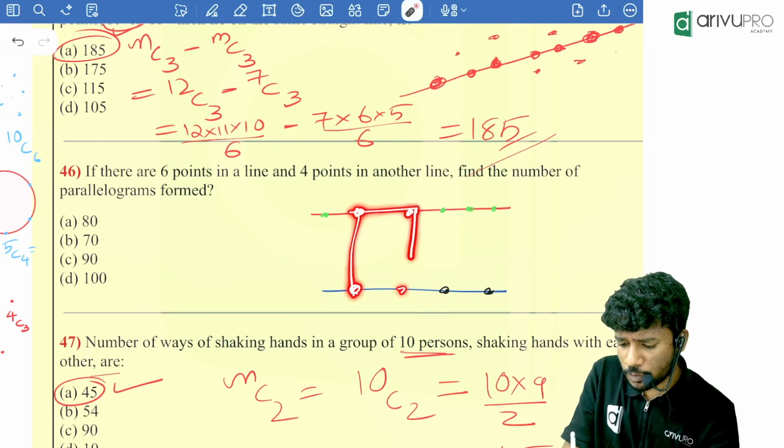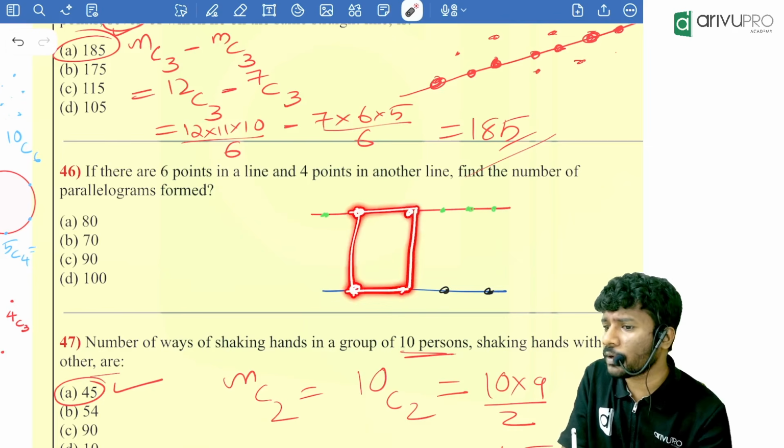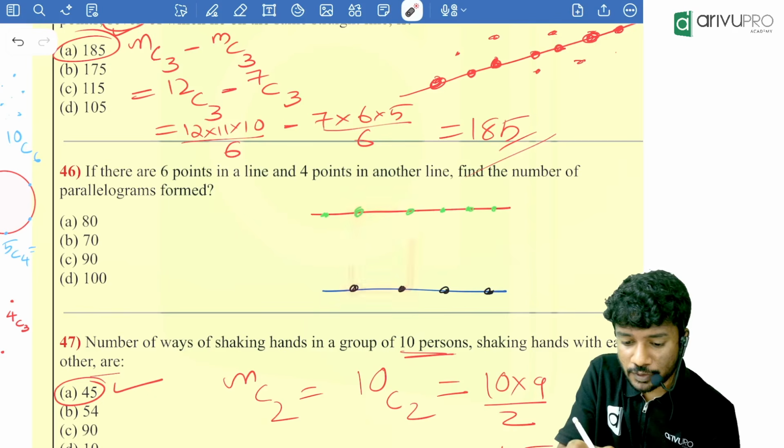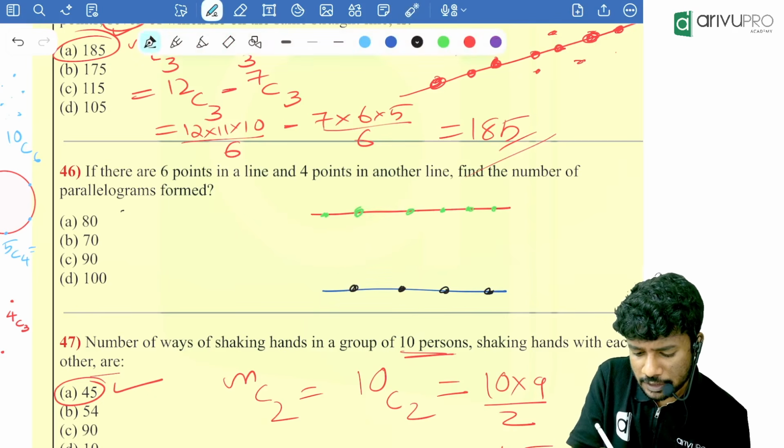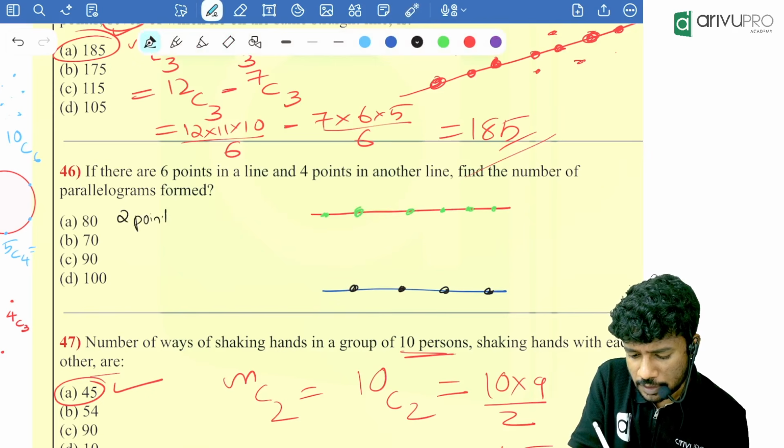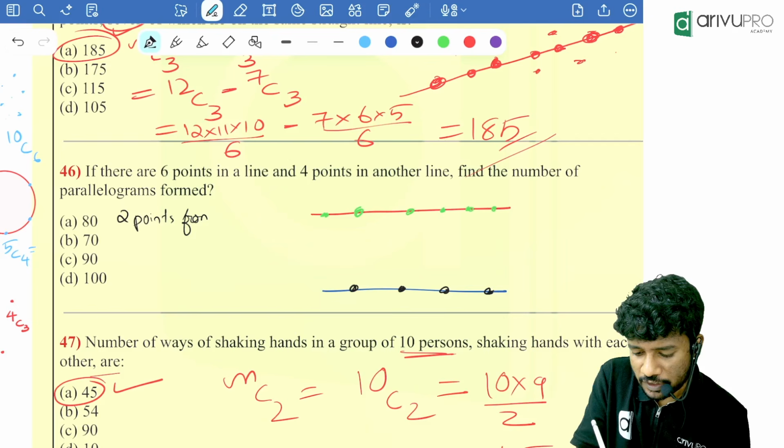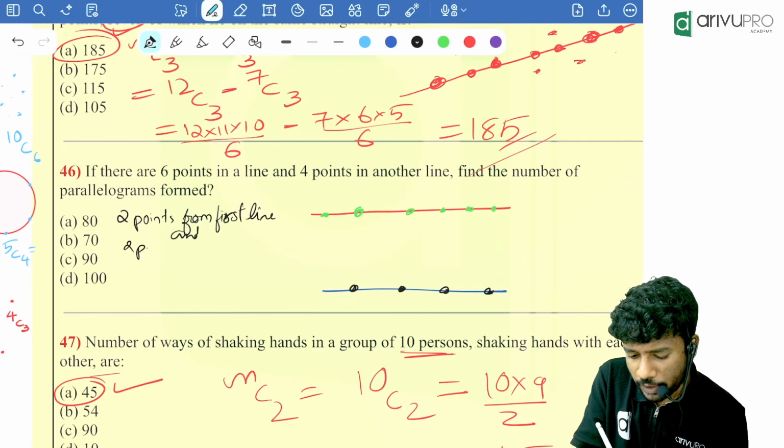We require 2 points from one line and 2 points from another line. So can I say in this way, in order to form a parallelogram, I require 2 points from the first line and 2 points from the second line.